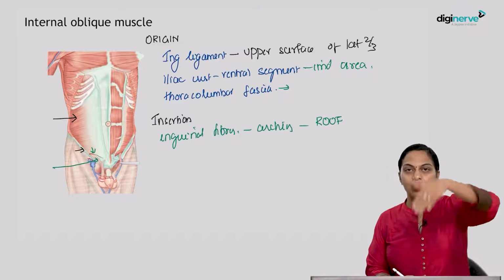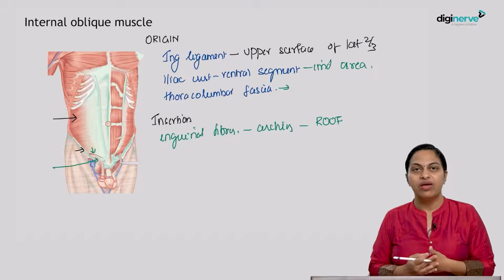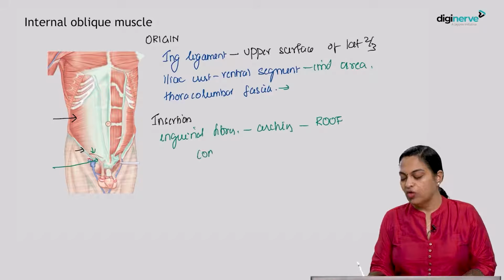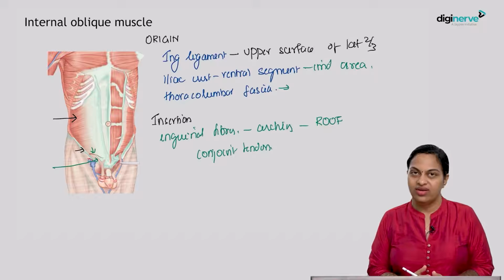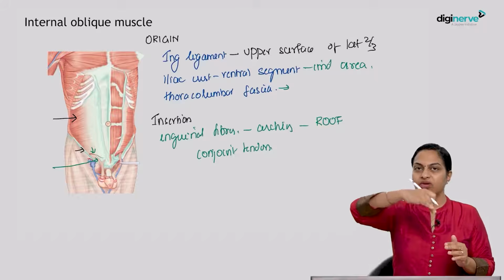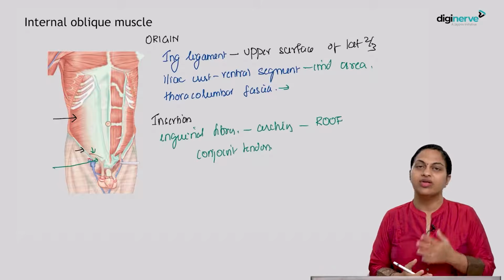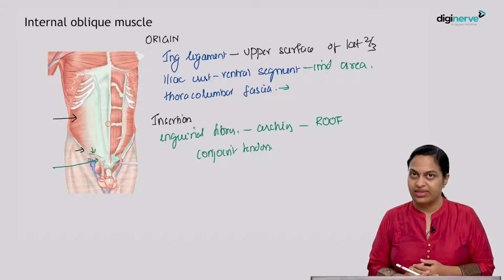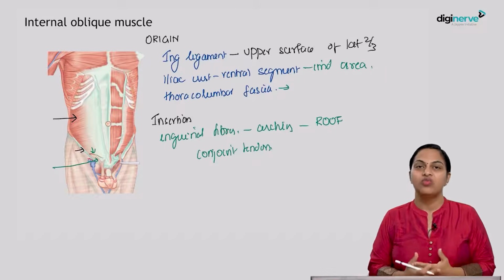This part which goes backwards, downwards, medially will fuse with similar fibers of the transverse abdominis to form the conjoint tendon. The conjoint tendon, or falx inguinalis, is the inguinal fibers after forming the roof, which turn downwards and backwards medially to insert into the pubic crest and tubercle. It is also contributed by the transversus abdominis.